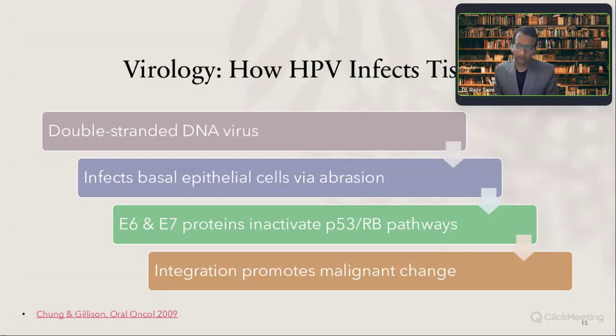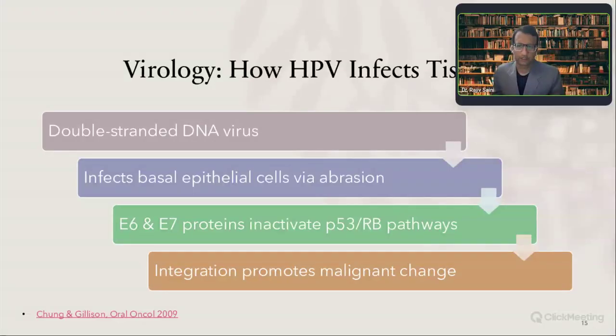The E6 protein of the HPV virus inactivates p53. p53 is a key protein that normally repairs damaged DNA or triggers cell death. The E7 protein produced by HPV infection disables the retinoblastoma protein, which regulates normal cell division. So when these protective pathways are lost, the infected cell continues to divide despite genetic damage.